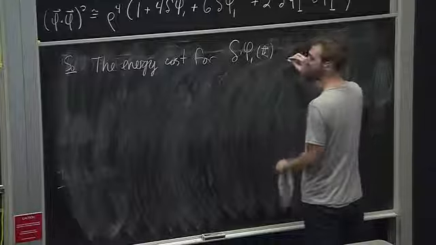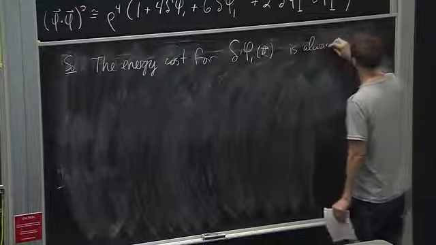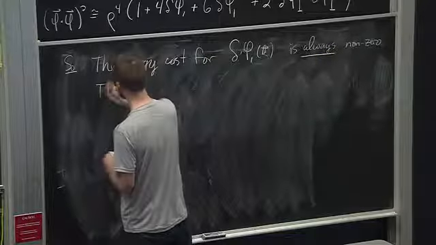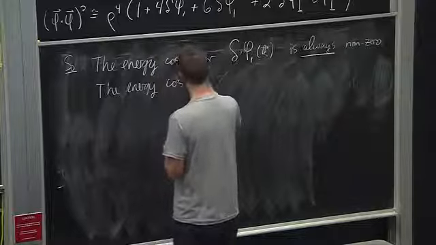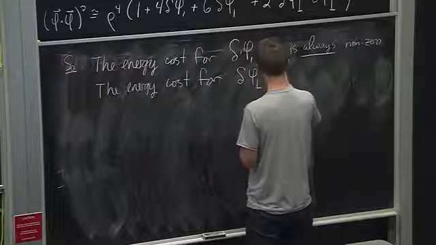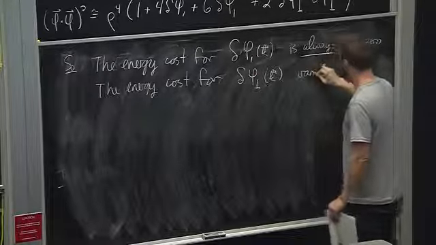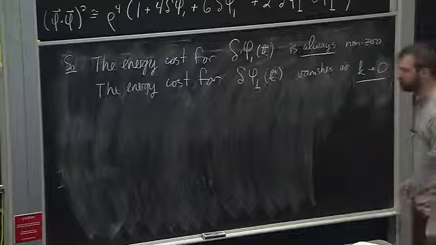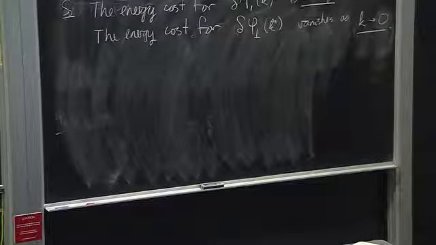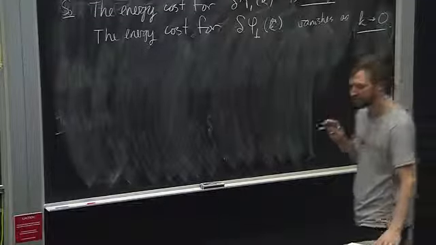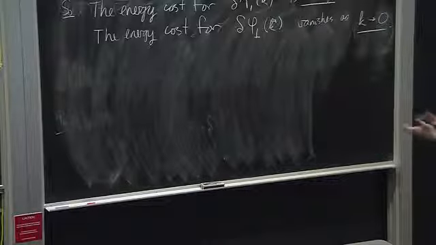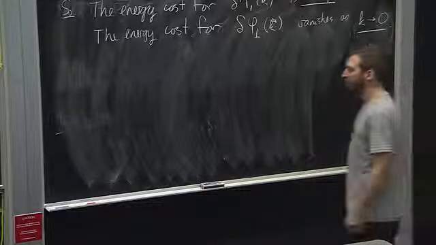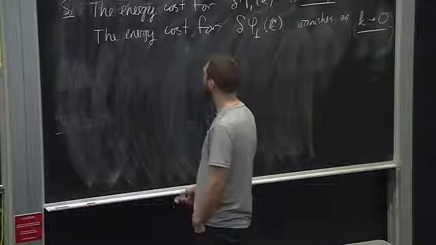So in the long wavelength limit, when K gets very small, when the momentum gets very small, then the fluctuations are free. They don't cost any energy. So that's one definition of the Goldstone modes.